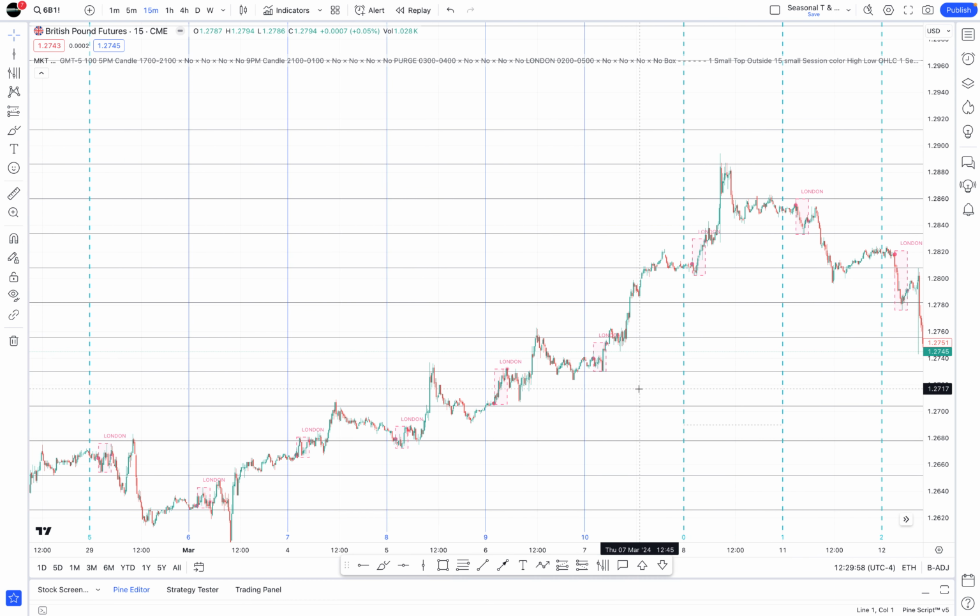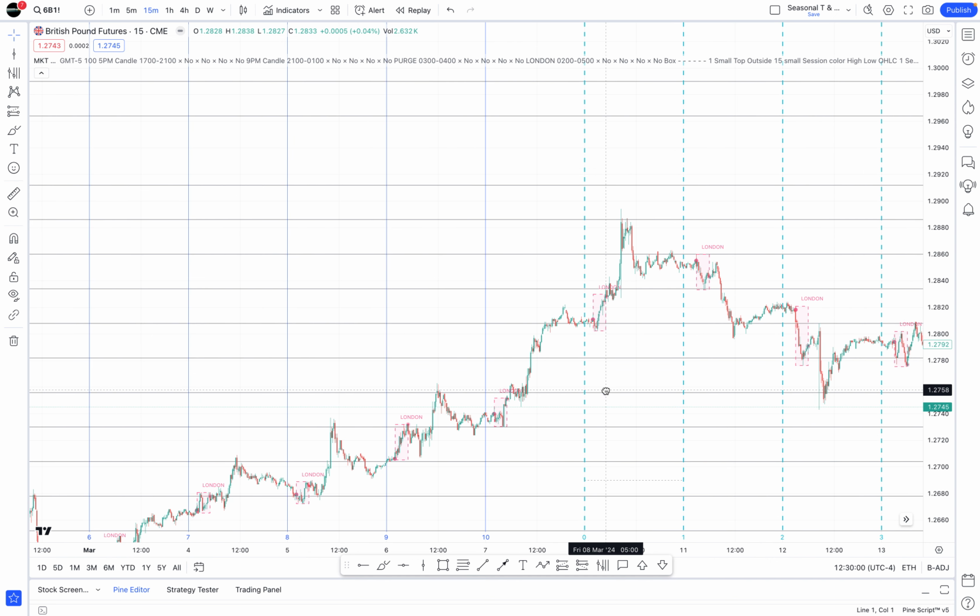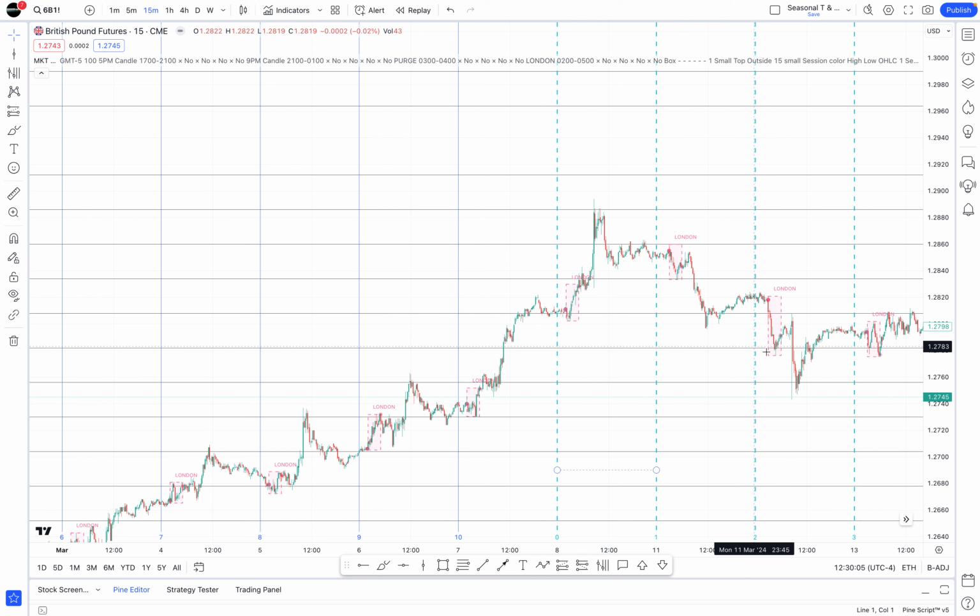Hits that level in London. Smashes through, but hits this one in London, goes to the next level.